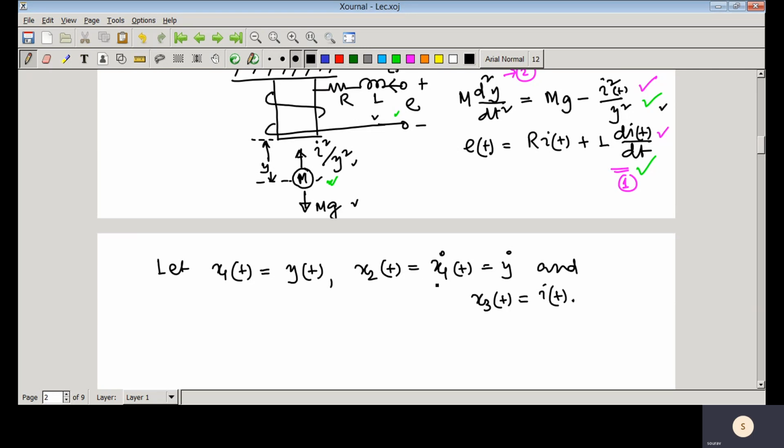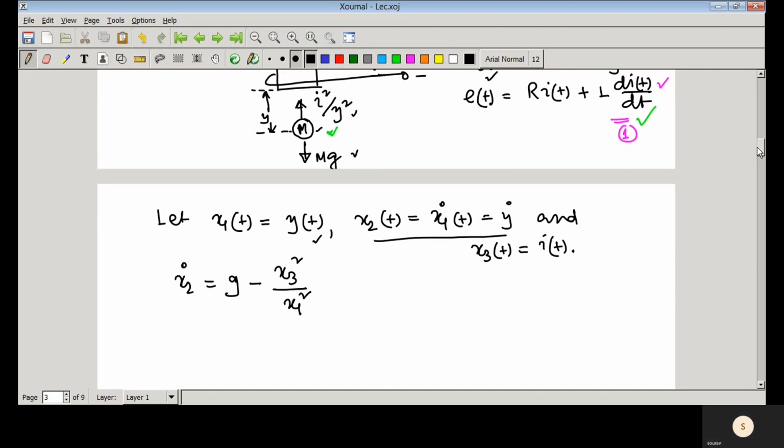So d2y by dt2 means x2 dot, because y dot equals x2, so y double dot equals x2 dot equals, if you divide by m, g minus I square. I is x3, so that is x3 square, and y is x1. So just looking at this particular state equation, you can see that it is a hugely nonlinear system.